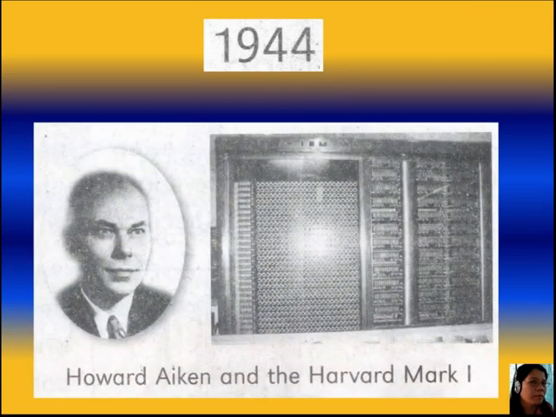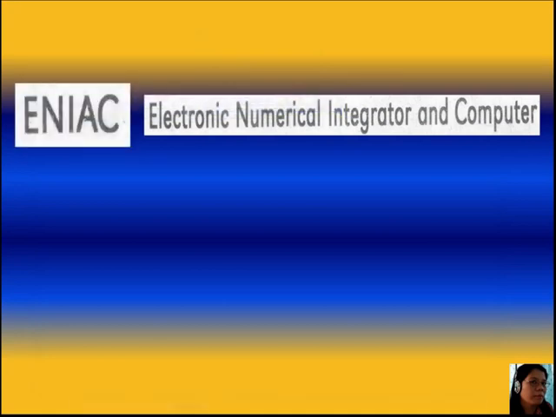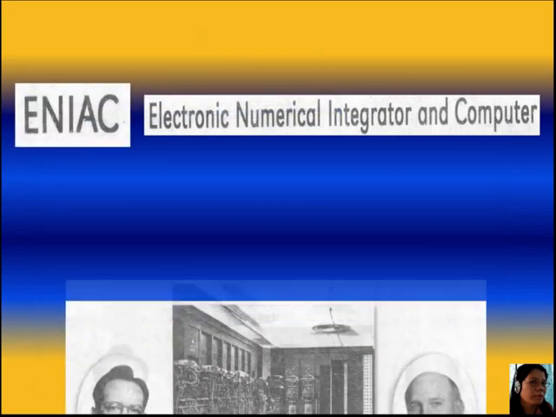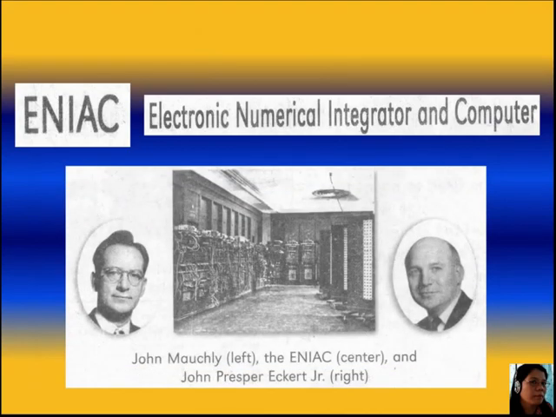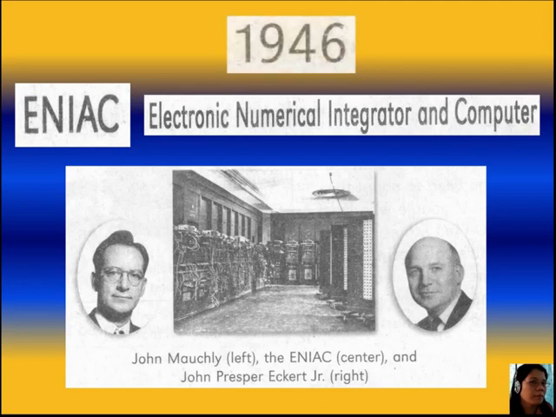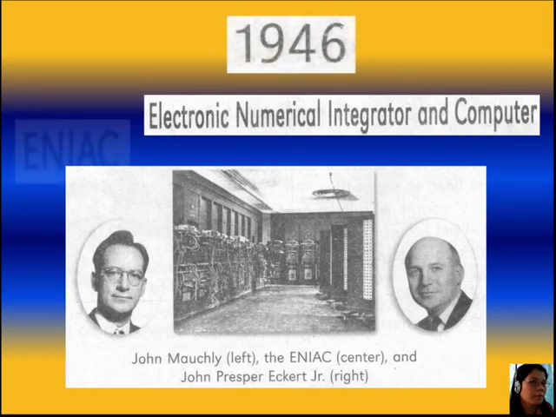The Electronic Numerical Integrator and Computer, or ENIAC, was designed and built by John Prosper Eckert Jr. and John W. Mauchly in 1946. The ENIAC was much faster than the Harvard Mark I.